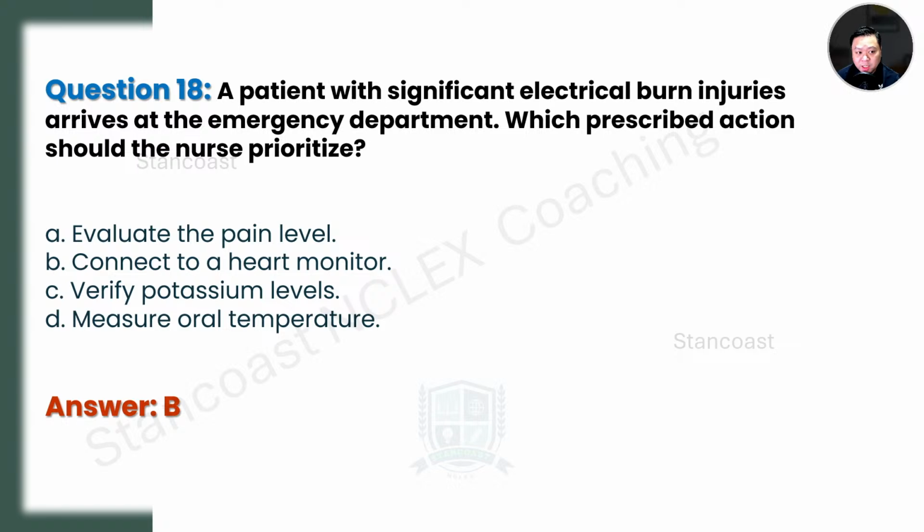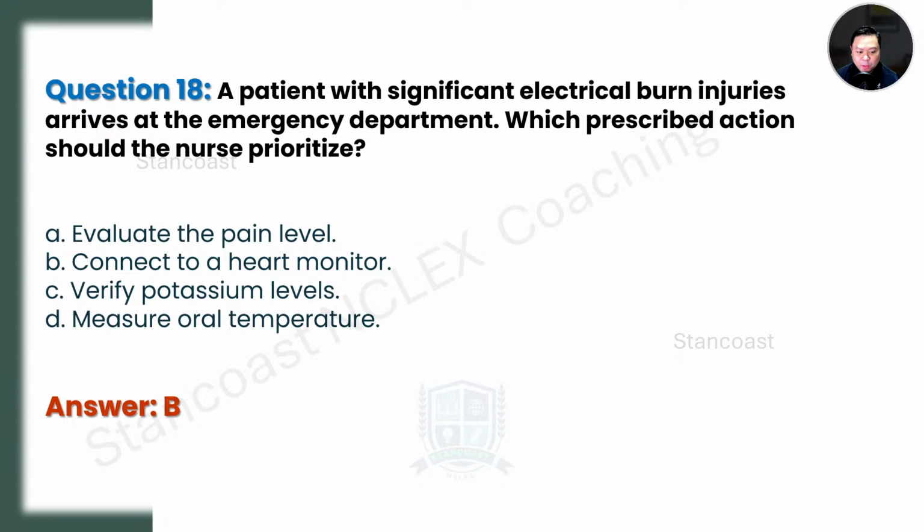So when you look into this kind of situation, you have to prioritize the ABCs. Remember that: airway, breathing, circulation, and other immediate life-threatening complications. So that could be dysrhythmias, especially in the case of electrical type of burns. All right.